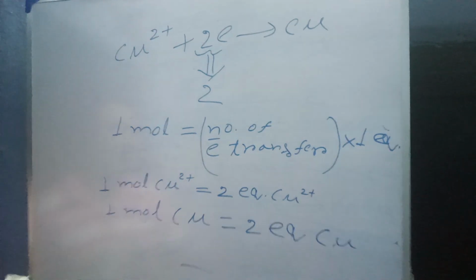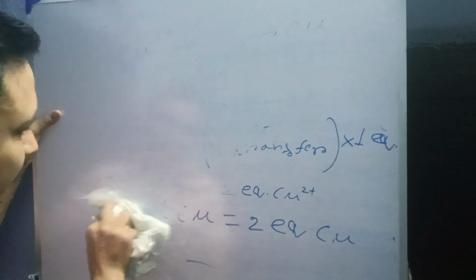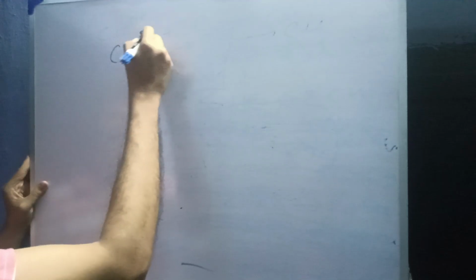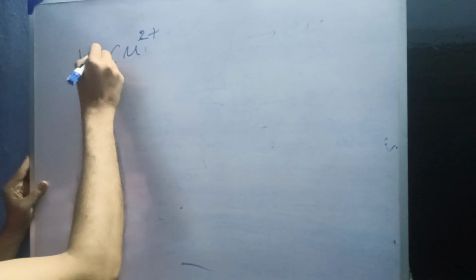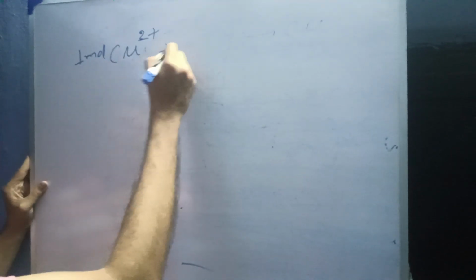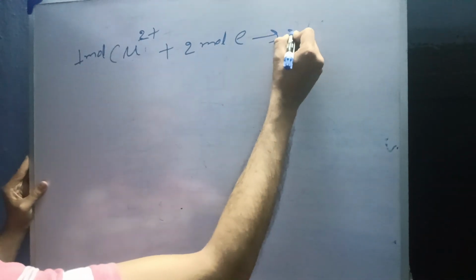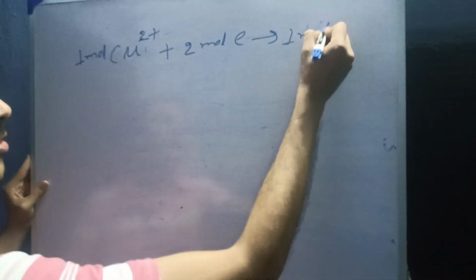So in conclusion, we can say that 1 mole Cu2 plus plus 2 moles of electrons produce 1 mole of copper.